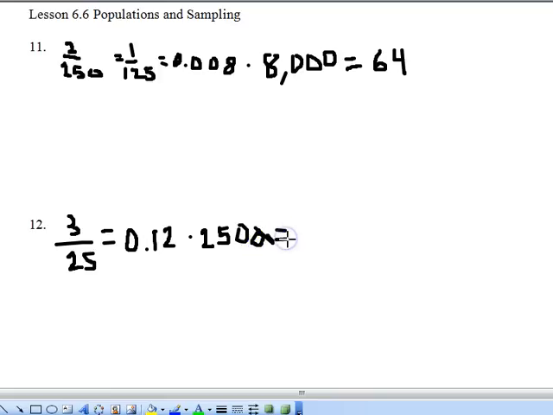And that is equal to 300. Okay, so about 300 of the 2,500 seniors we would expect them to major in engineering. About 300 of those would major in engineering, about.